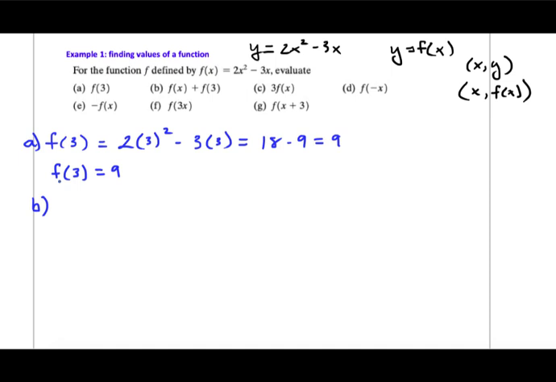Now let's look at part B. We have f of x plus f of 3. Well, f of x is just 2x squared minus 3x.